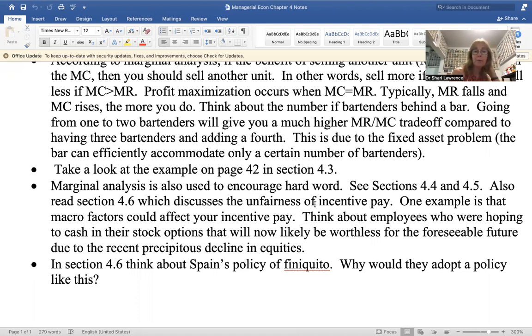So one example is if you think about employees who were hoping to cash in their stock options. So let me explain. I might have talked about this example earlier in the semester, but let me just explain it again. So one way that companies incentivize managers is to give them stock options.